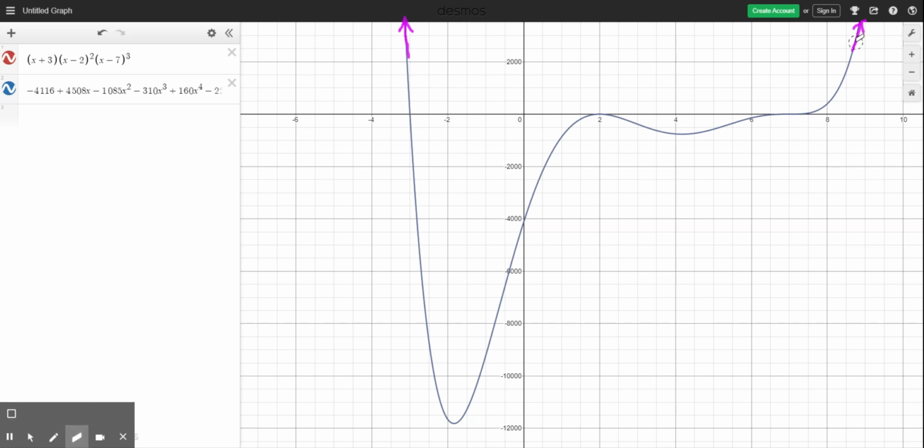So let's think about this left side first. Remember that when we talk about end behavior, we say first that the function, right, so f of x, goes to, that's what this arrow means, a specific value. And if the graph just points up like this, then we're going to say that it's going up to positive infinity. It's never going to stop going up.